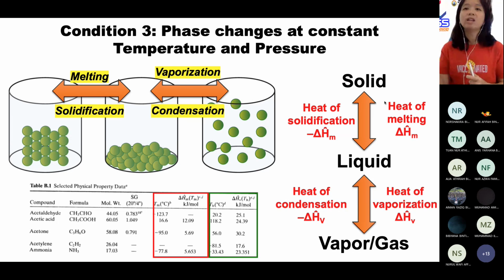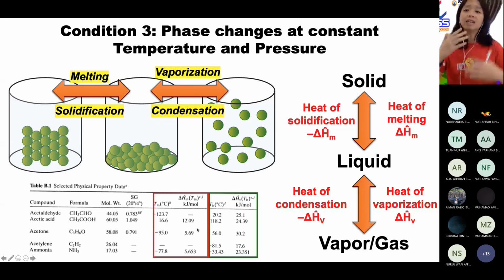So mana kita nak tengok heat of melting, tengok table B1. So contohnya katakan acetic acid ni kamu nak melt from solid to liquid, meaning you bring to 16.6 Celsius and then you change the phase. The phase change punya path tu enthalpy dia adalah 12.09.